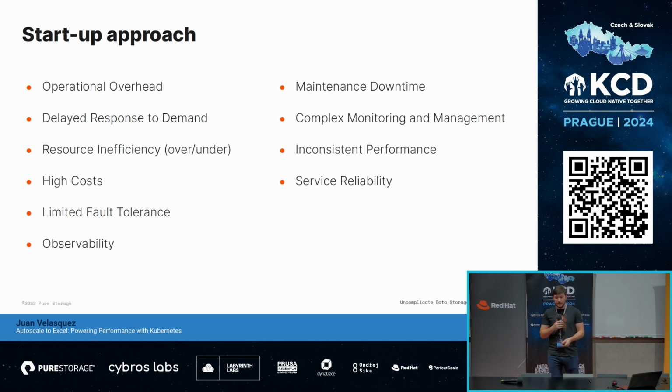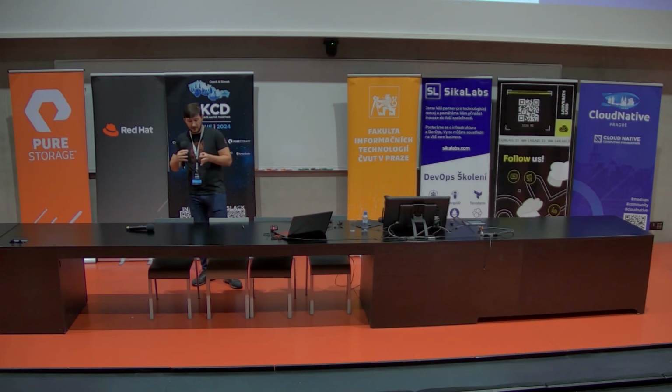Because of this, there was a delayed response to the demand of EC2 instances. If we deployed a new device, it would increase the load, but the response would come after some monitoring or some alert would trigger it, so it was delayed.